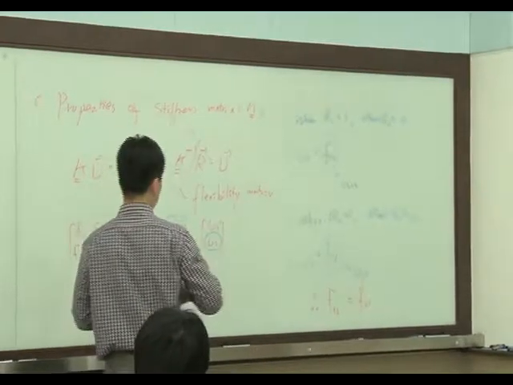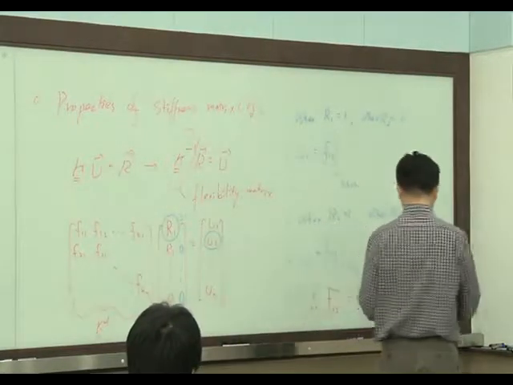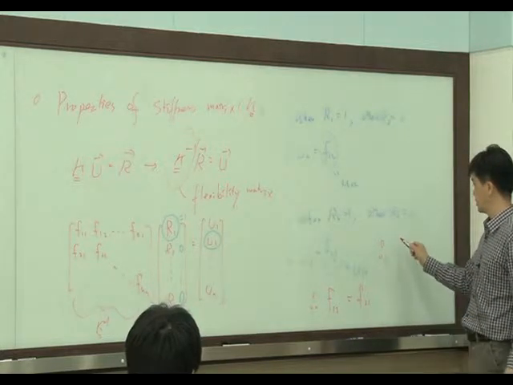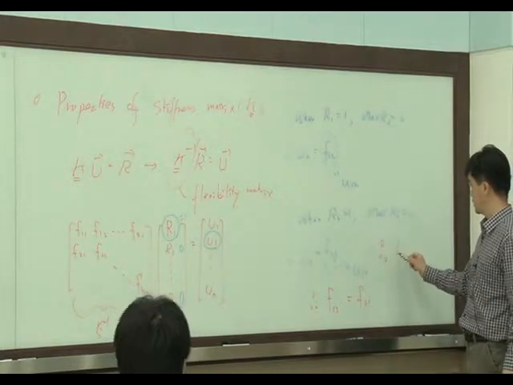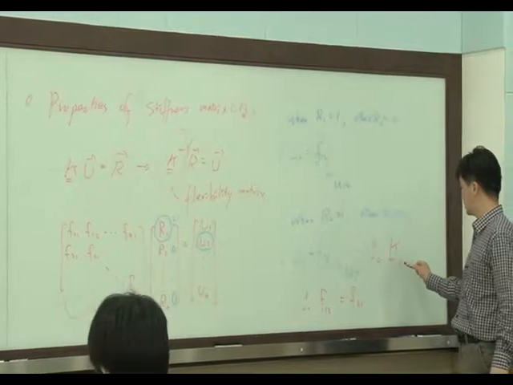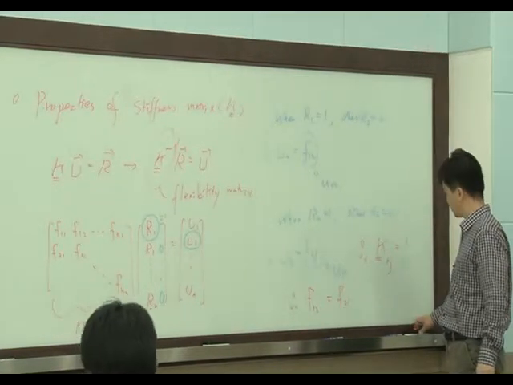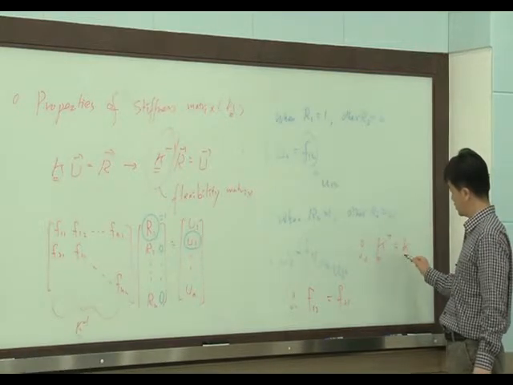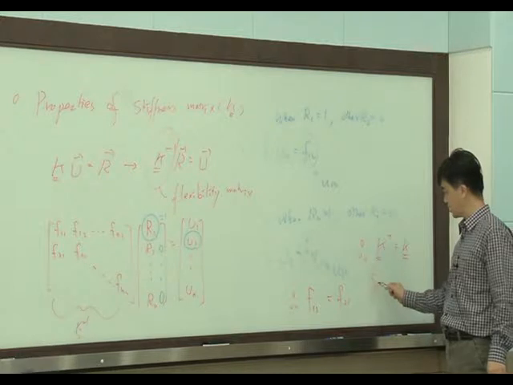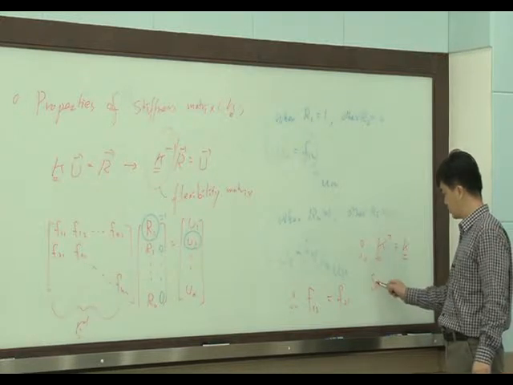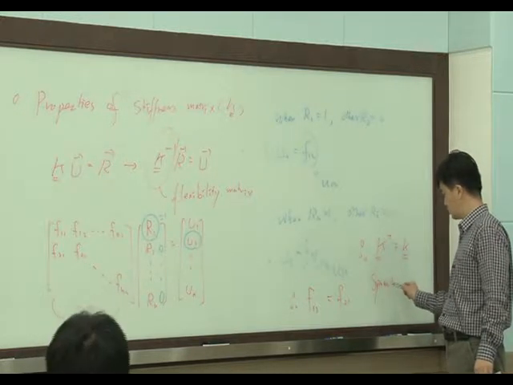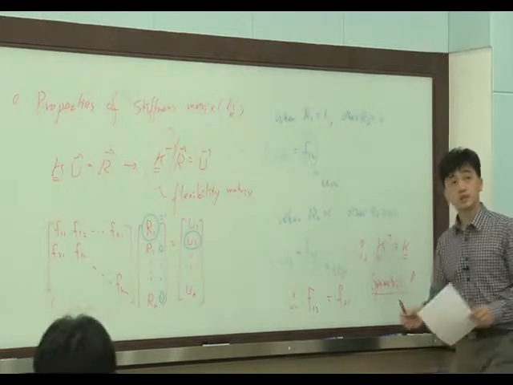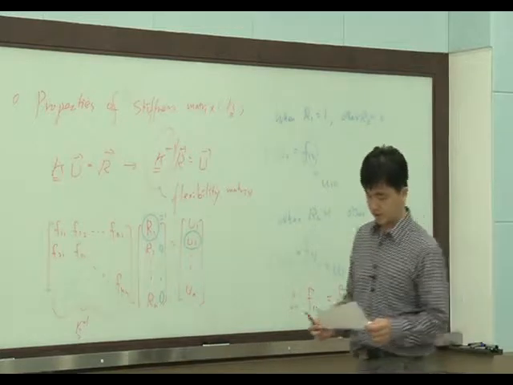So a very important result is Kij equal, so K transpose equals K, symmetric. The stiffness matrix is symmetric.